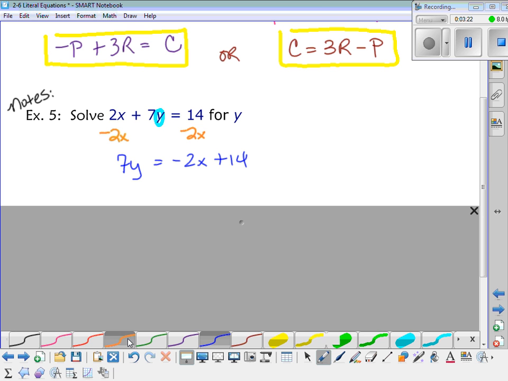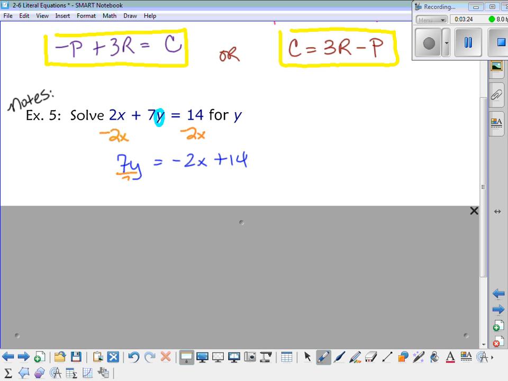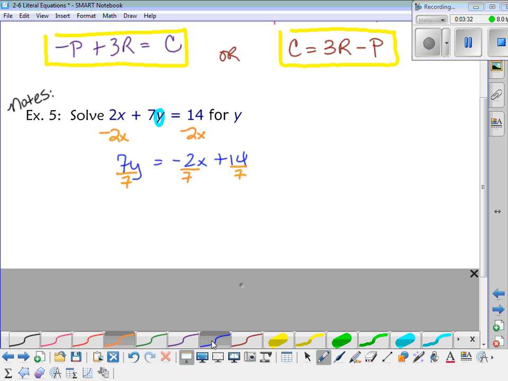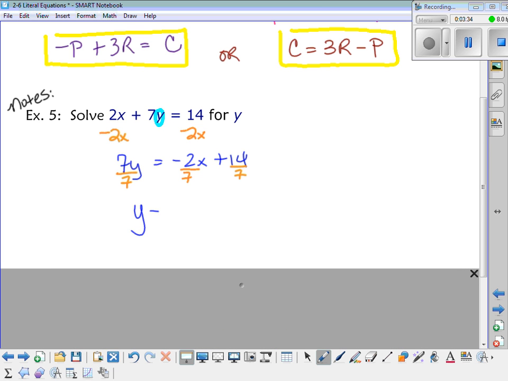Okay, and the y still isn't alone though, so I need to divide everything by 7. Okay, because whatever you do to one, you've got to do to all of them. And so then I get that y is equal to negative 2/7 x plus 2.